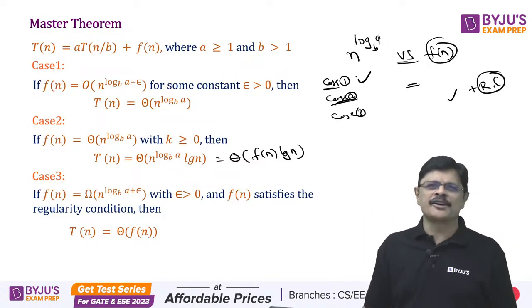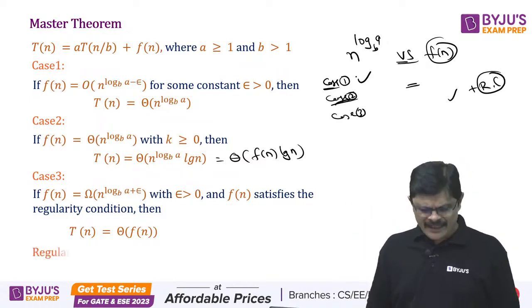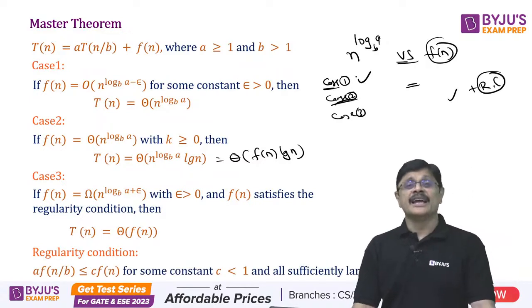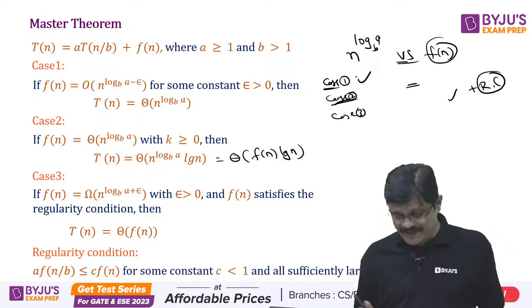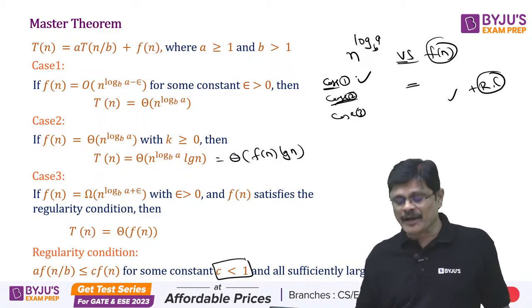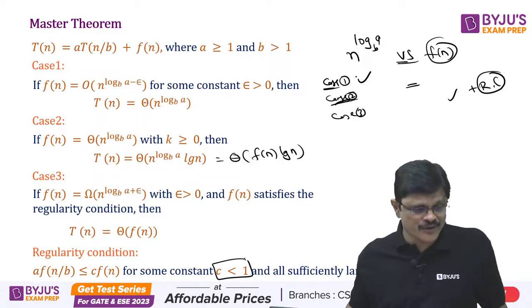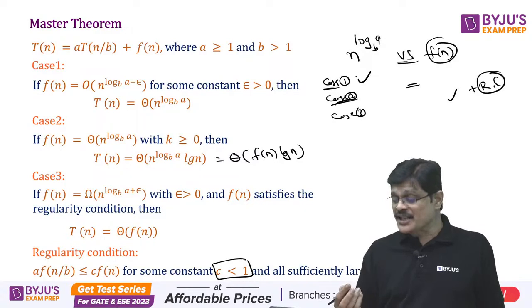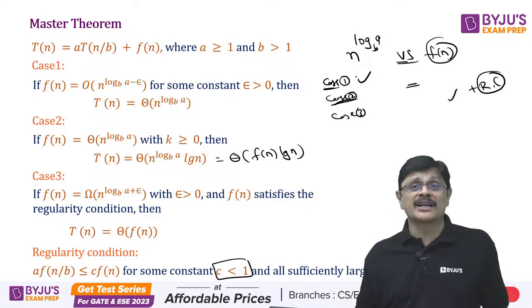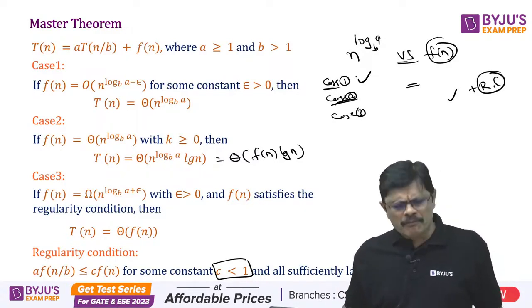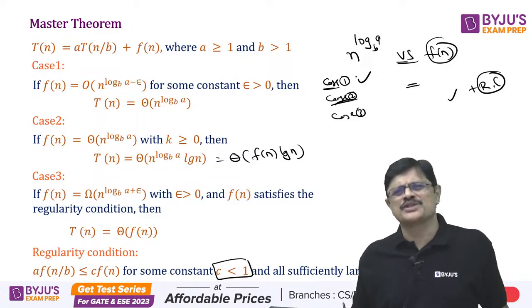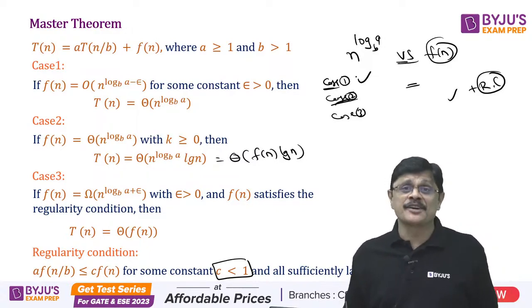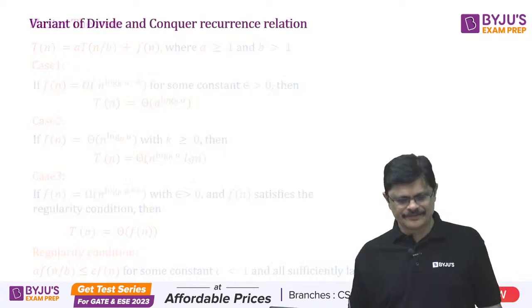For other types of functions, you have to verify it. The regularity condition is: a f(n/b) is less than or equal to c f(n), where c is a constant less than 1, for large n. Some people take it for granted because we mostly get polynomial f(n), so generally it works, but for other functions you have to verify.